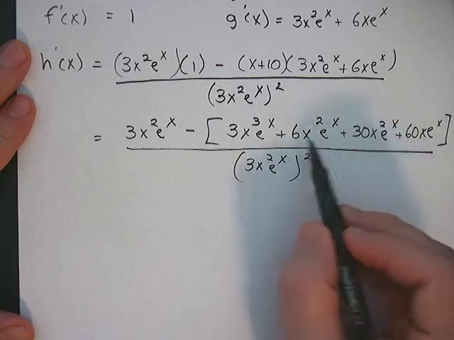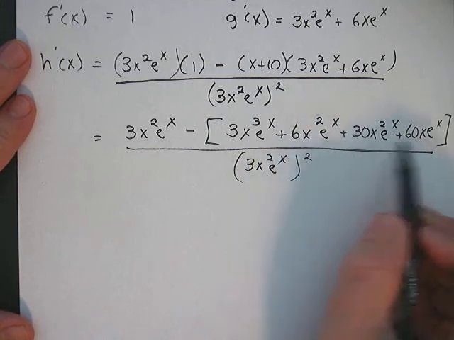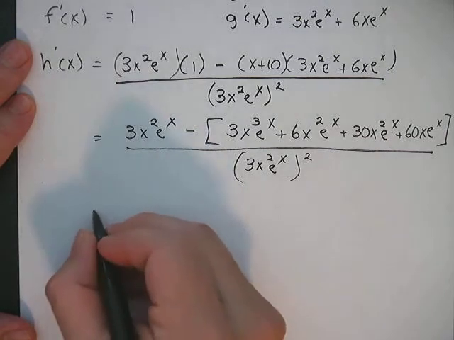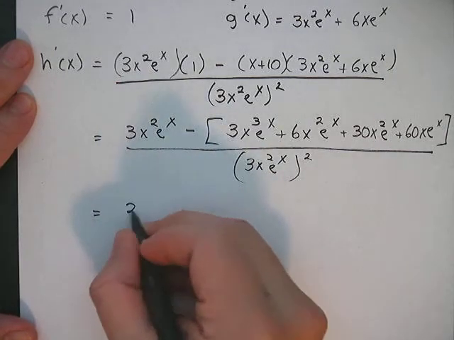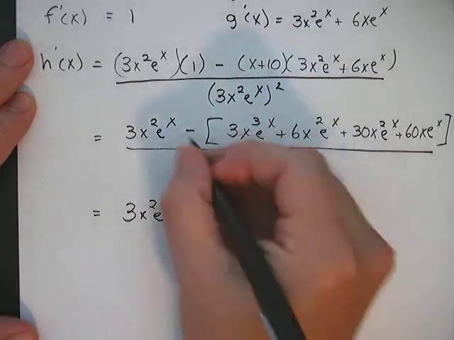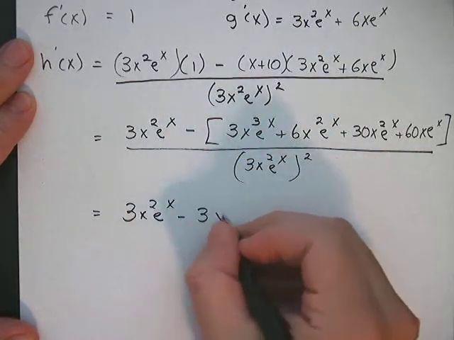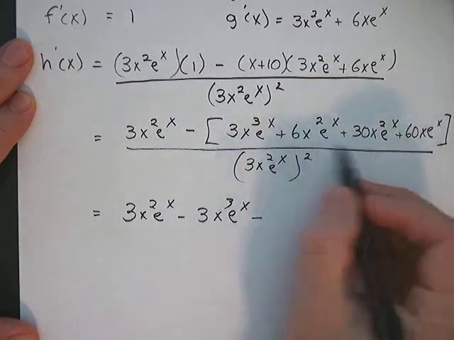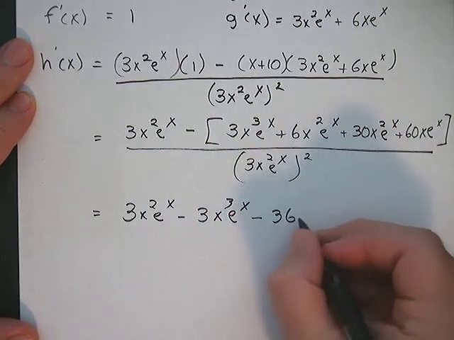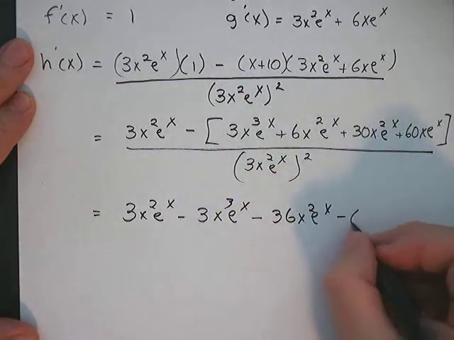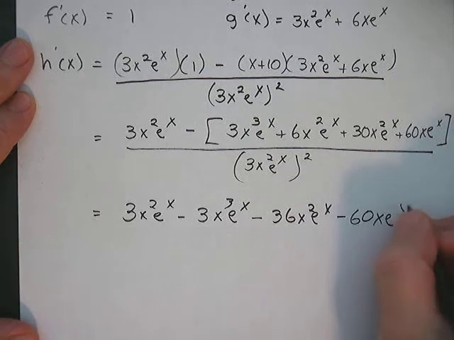That makes 36 inside there, and then there's no like terms here. Okay, so this is equal to 3x squared e to the x minus 3x cubed e to the x minus, let's combine these two, 36x squared e to the x minus 60x e to the x.